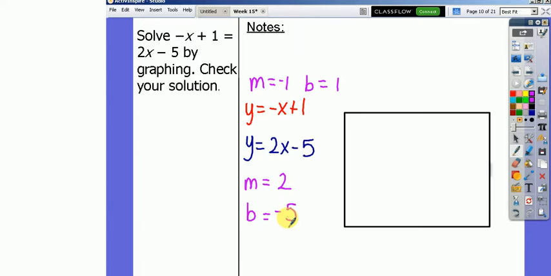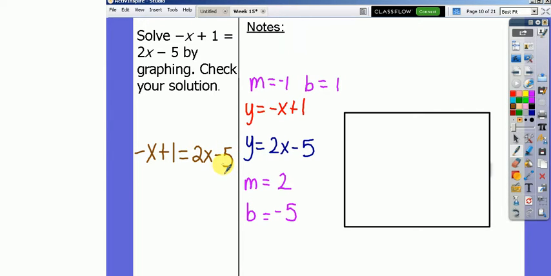Now, your other question may be, that's all great, Miss Lynn. Why can't I just solve it? Why do I have to graph it? Because you could very well take these two equations and solve for x very easily. So negative x plus 1 equals 2x minus 5. And you could solve for x.